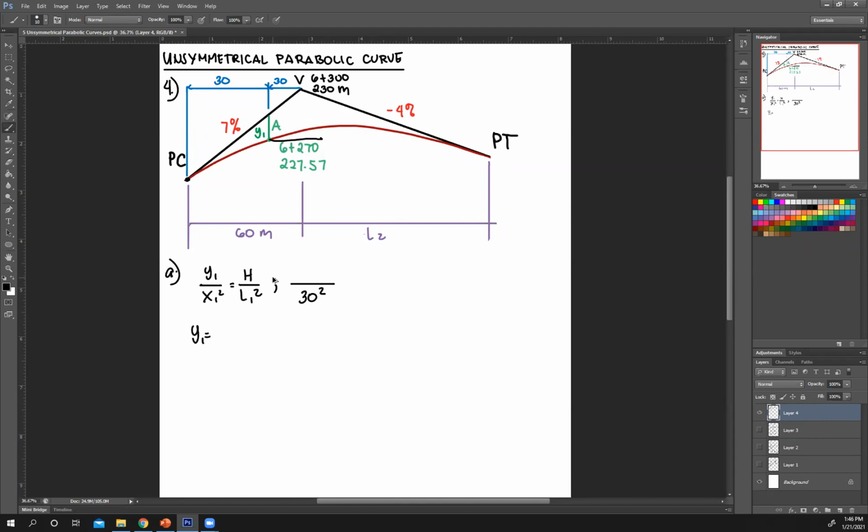So once again, y1 is elevation 230 minus elevation 227.57. By doing that, you get this length. Then I'm going to subtract this height of your right triangle by using your grade. So that's just minus 0.07 over run. Your run is this, which is 30, so times 30. Please solve what's y1.